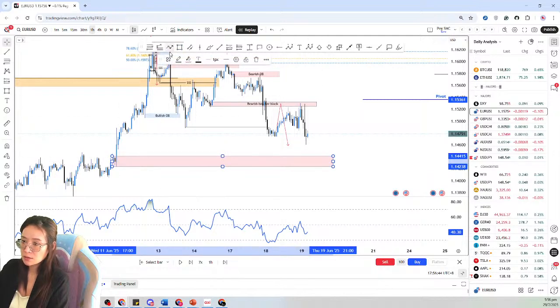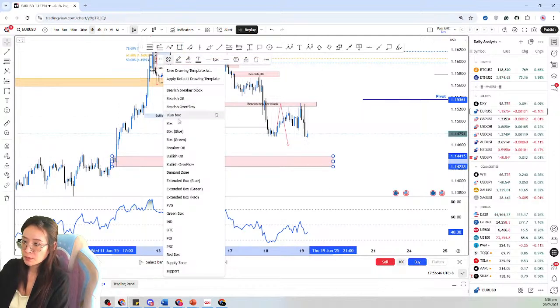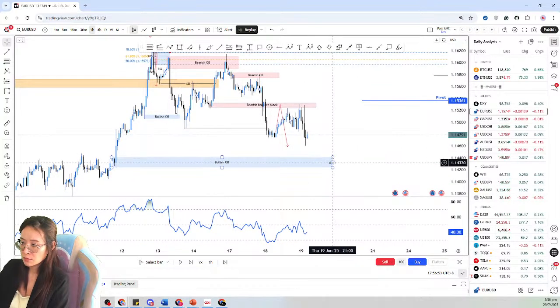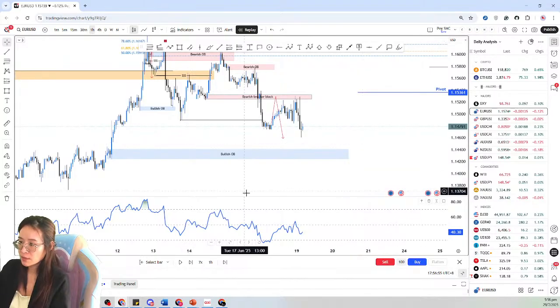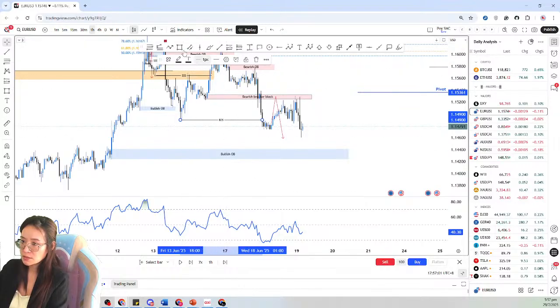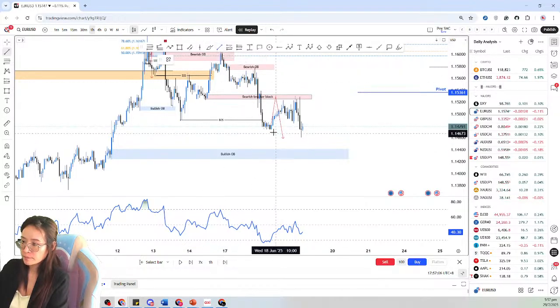This is another bullish or demand zone. You can say demand zone or bullish OB. Okay, let's take profit, and this is the break of structure, right? And this one could be our break of structure.